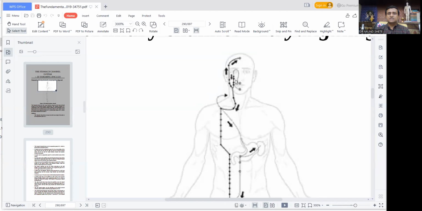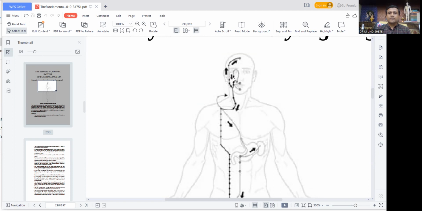I can share one diagram to understand this whole course in detail. See this, what we have discussed. The course begins from ST1, it goes up to BL1, the inner canthus of the eye. Again, this is a very fast summary or revision.